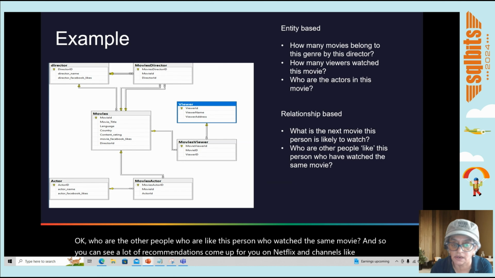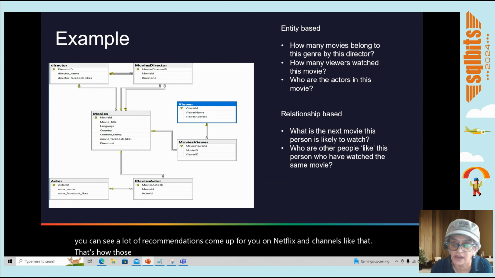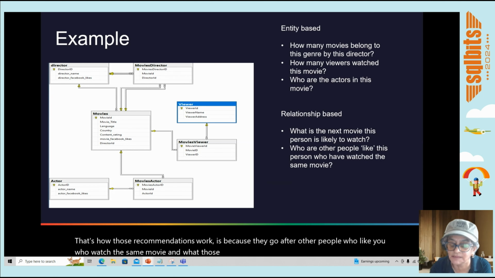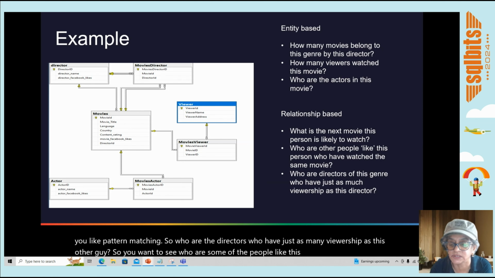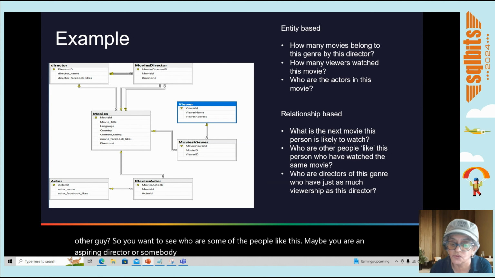That's how those recommendations work, is because they go after other people like you who watch the same movie, and what those people liked is likely to be the same thing as you like. Pattern matching. So who are the directors who have just as much viewership as this other guy? So you want to see who are some of the people like this. Maybe you're an aspiring director or somebody you know is like that, and you want to see who are the competing directors in that same area. So again, a sort of a pattern that you want to go after.